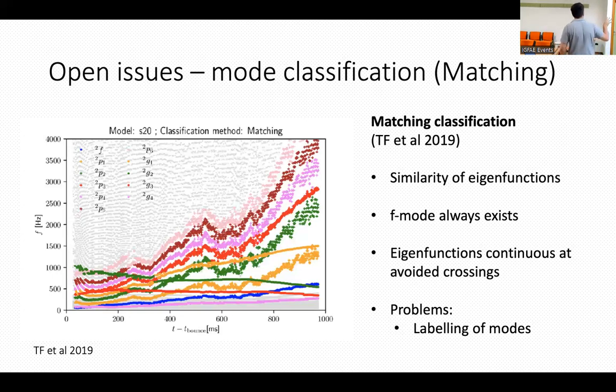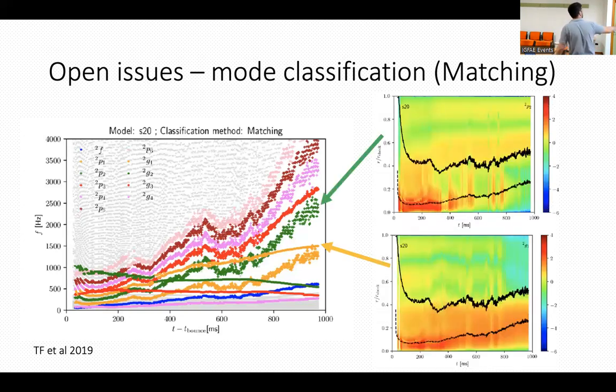And the bad thing about this is it has to be done by hand because there are many parameters you have to change to have the correct results. And it takes like 10 minutes to half an hour to have good results. So if you want to analyze 1,000 simulations, you cannot use that time. So we are trying to find an automatic way to make this classification.